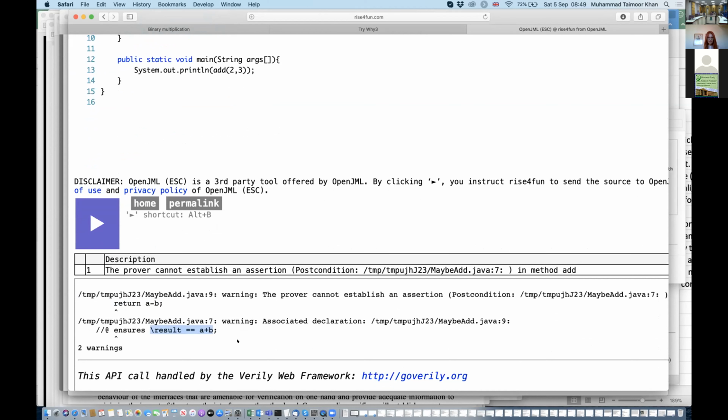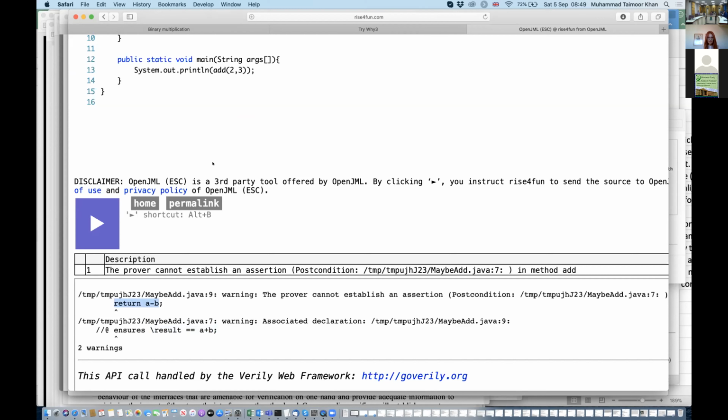So there is something inconsistent between what you are thinking here and what you are actually doing here. And it has really given me an opportunity to think, what do I really want to do? Am I really looking for an addition, or do I want to do it in a different way?